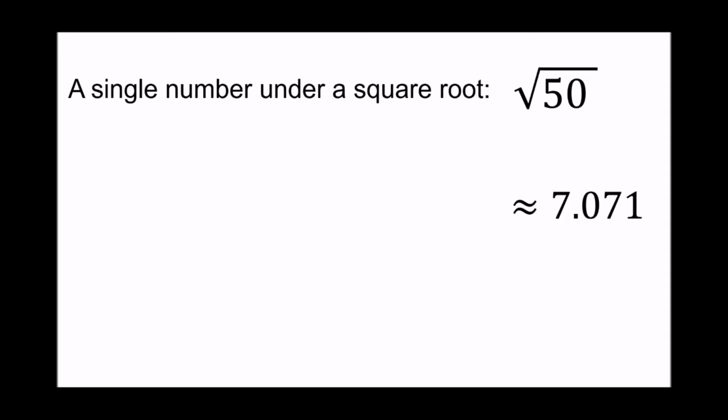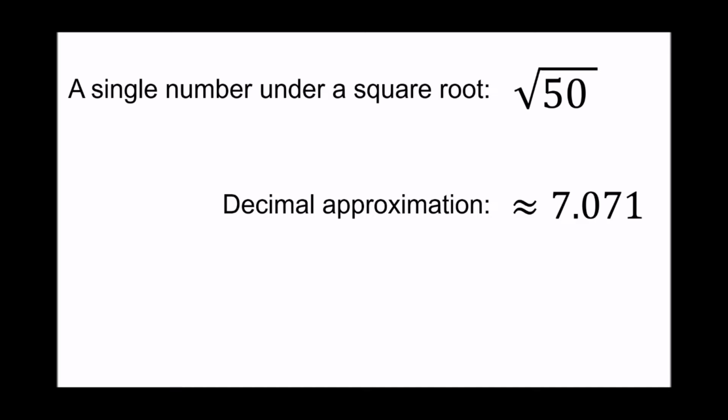And then we took that square root of 50 and took a decimal approximation of it, around 7.071, right? And this decimal approximation would be useful, for example, in real life. Let's say you were building something and you needed to measure a length of wood. You're not going to say, okay, I need square root of 50 inches of wood. No, instead you're going to say, well, I need around 7 inches of wood and a little bit more, right?